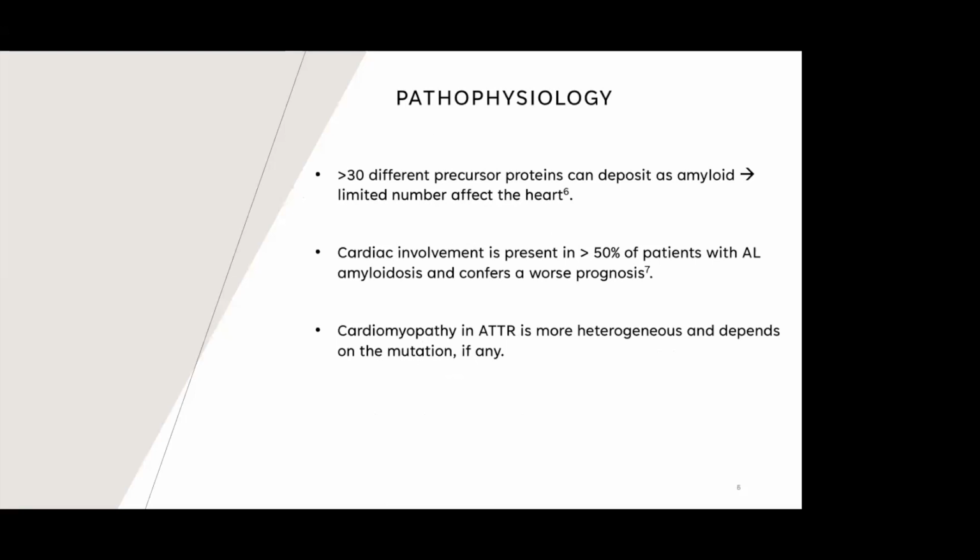There are really more than 30 different identified precursor proteins, but only a handful of these actually affect the heart. When we find patients with AL amyloid who have cardiac involvement, this often confers a worse prognosis for that patient. With respect to ATTR, cardiomyopathy is more heterogeneous and really depends on what type of mutation these patients have.